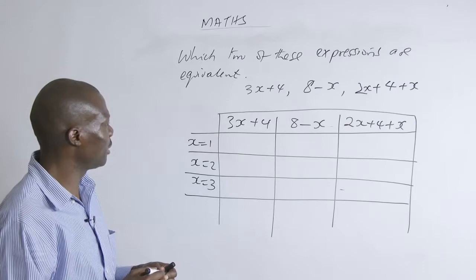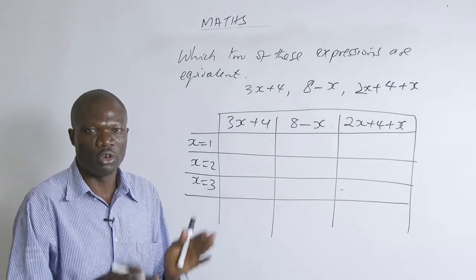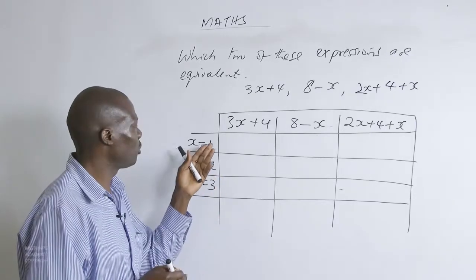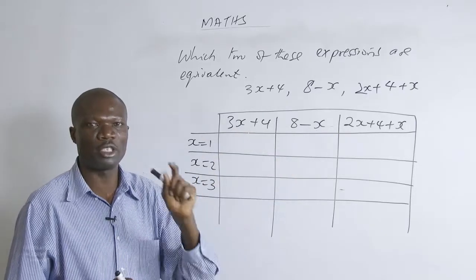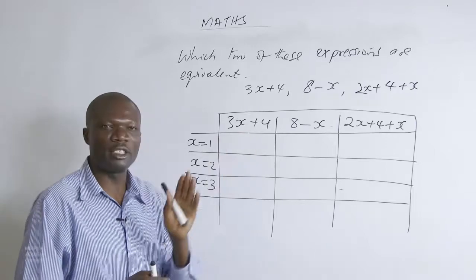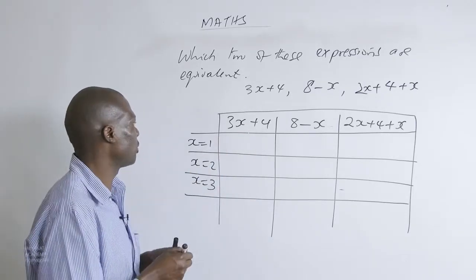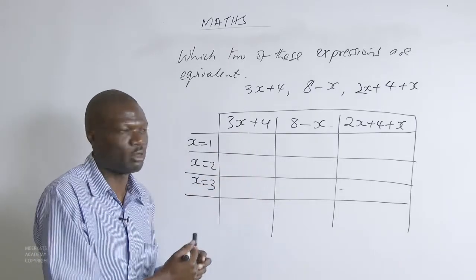So we have this table. As we saw in our last table, substituting, I've picked the values between 1 and 3, because the pronumeral in these expressions is x. Among these expressions, which one will give us the same answer? It's allowed, we could have started even from 0, but I've picked a few.